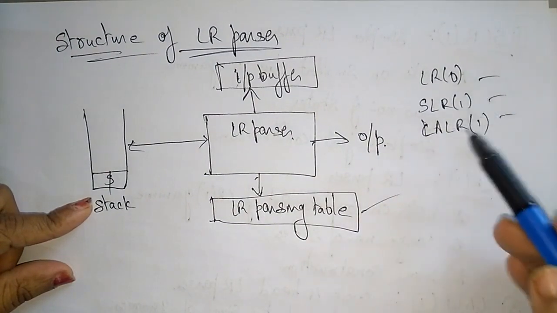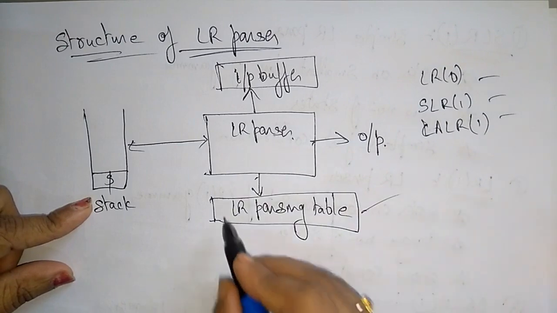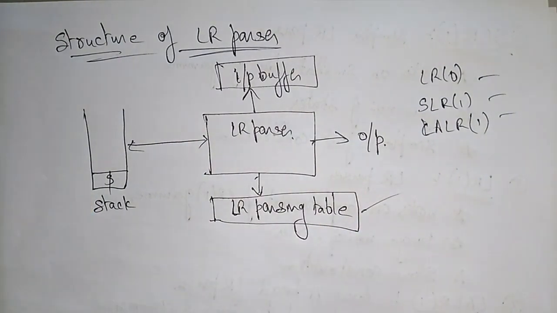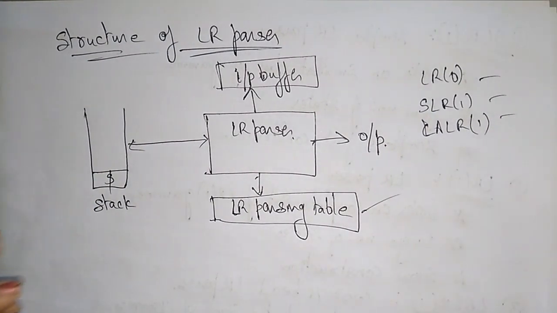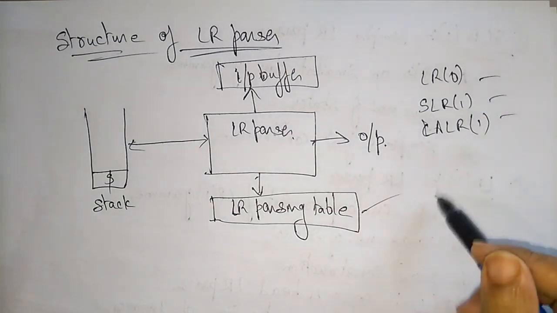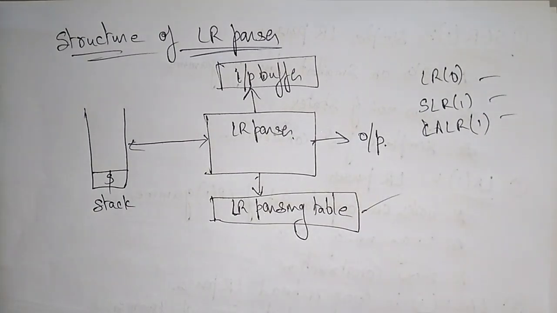Each algorithm is having its own type of parsing table. So whenever you are solving problems of LR parsers, the stack implementation, input buffer and construction of LR parser, everything is same for all the algorithms, but the only difference here is the LR parsing table.